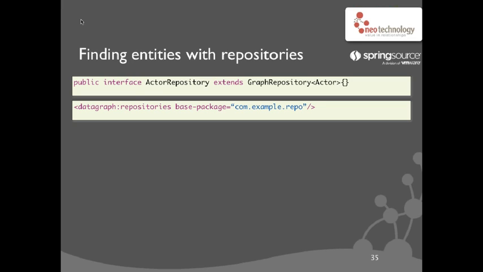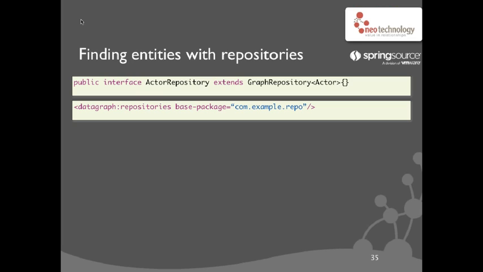Okay, we talked about repositories, and if you recall, we added an @Indexed annotation to the name of the actor. The way repositories work is that there is a graph repository that takes a type, and a convenient way of working with it is that you extend it with your own interface. In this case, we have an actor repository that extends graph repository of the type actor.